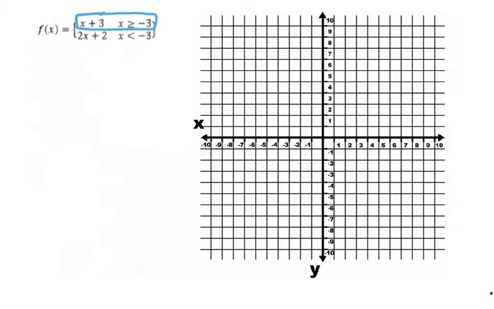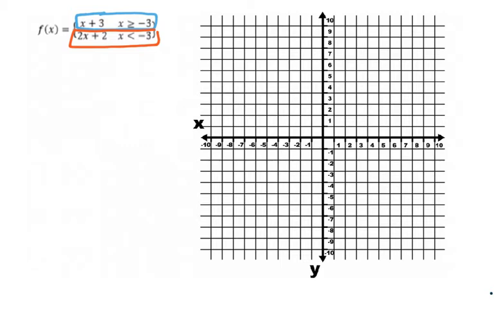And the second one, you're saying, I'm going to graph 2x plus 2, but I only want x's that are less than negative 3. So when we say restricted domains, we don't mean everything can be an x. It's going to be just a certain portion of the graph. So you'll take a piece of one graph, a piece of another graph, and you put them together and it makes a piecewise function.